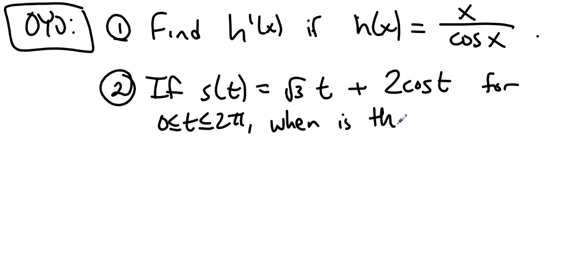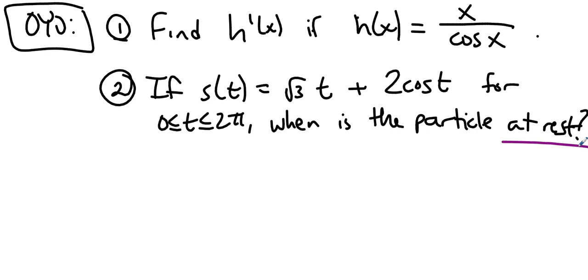When is the particle at rest? So if this is the position function for some particle, if it gives us the position at any time, when is the particle at rest? And so it is worth thinking about what it means in calculus language if the particle is at rest. Those are things to think about.